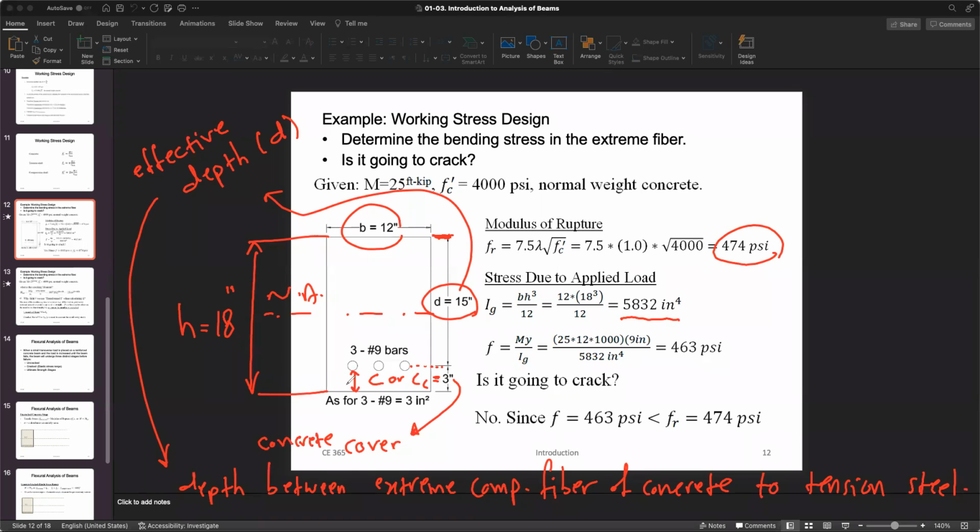I just wanted to give you a definition here since we're talking about the cross section and different elements.